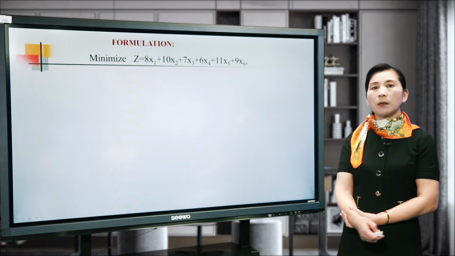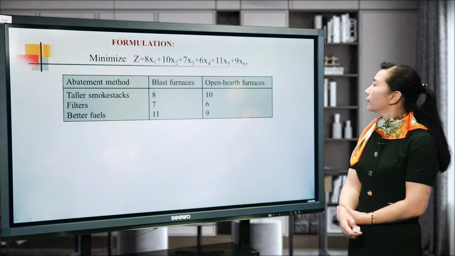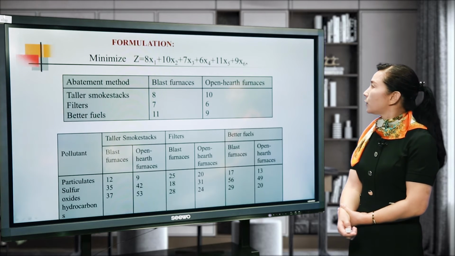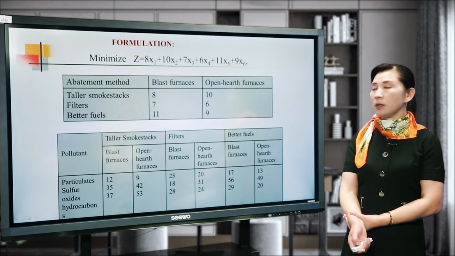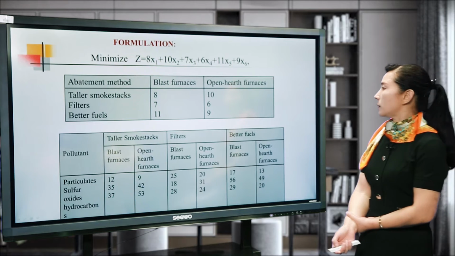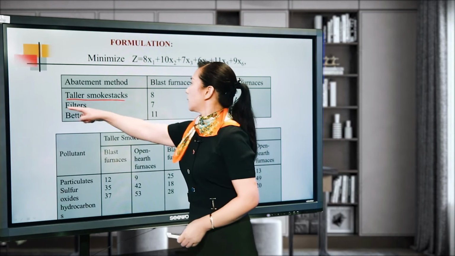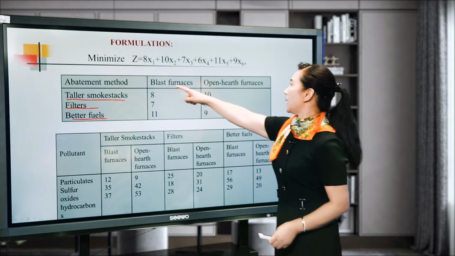Now, with the formulation of this problem, first we determine the decision variables. The decision variable is which fraction of the 3 methods to use in the two furnaces.